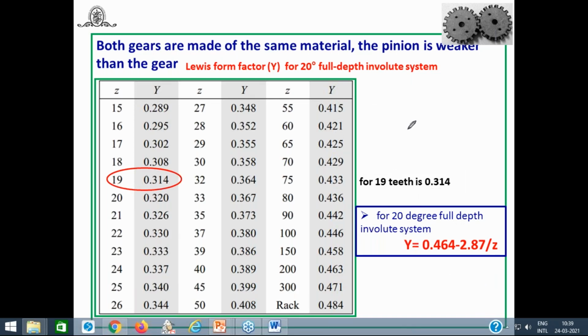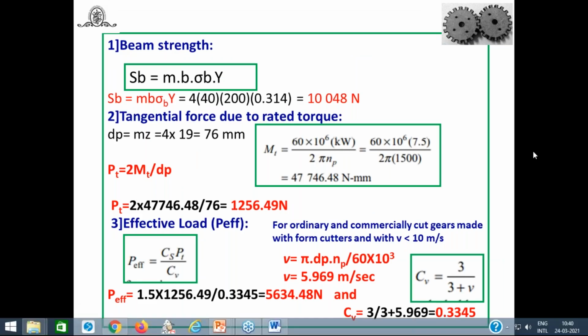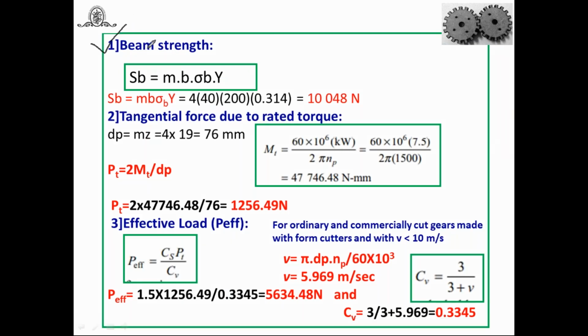Then, once you have V, M, and Y, the next step is to first find the beam strength. We know very well the equation of beam strength: SB is equal to M into B into sigma B into Y. What is M? Module, which is given, that is 4. B is equal to 40 mm, also given.